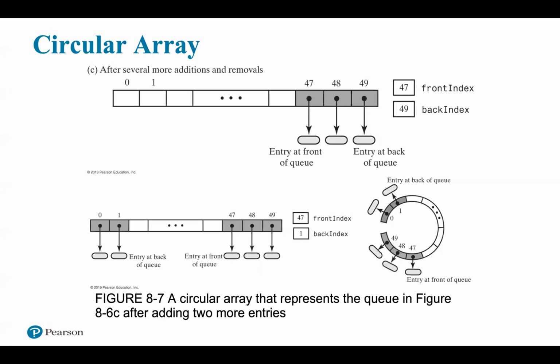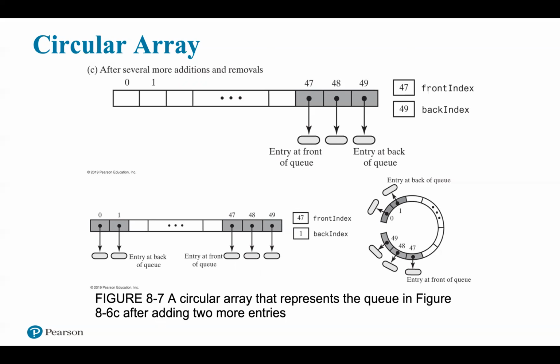And so here we're starting to see that played out with the introduction of a circular array. Once the queue reaches the end of the array, as in figure C at the top, we can add subsequent entries to the queue at the beginning of the array. Figure 8.7 on the bottom shows the array with 2 such additions to the queue.